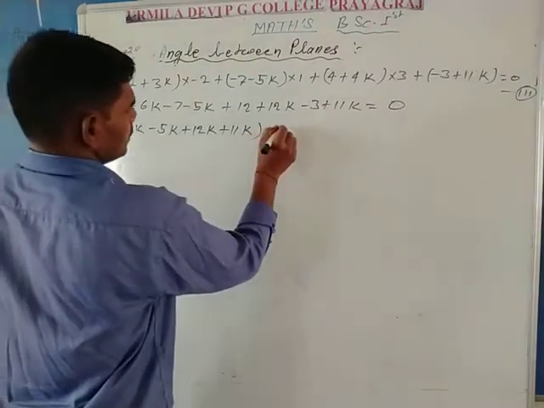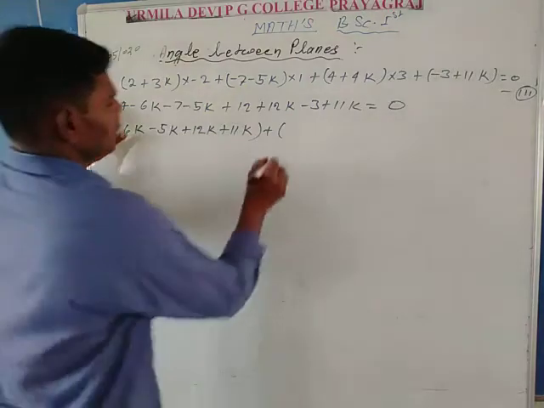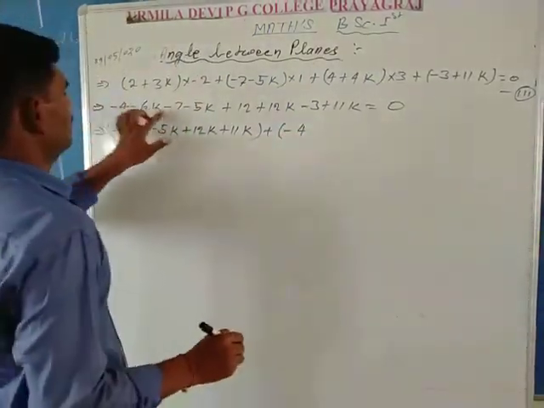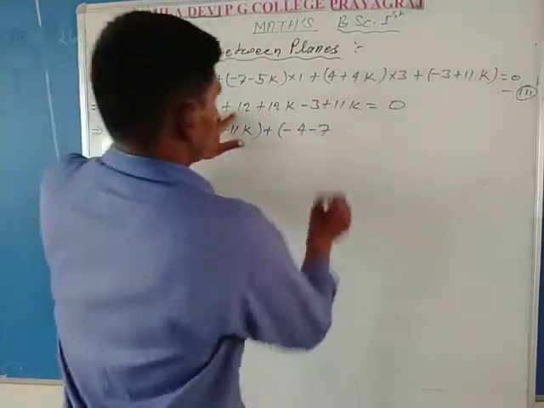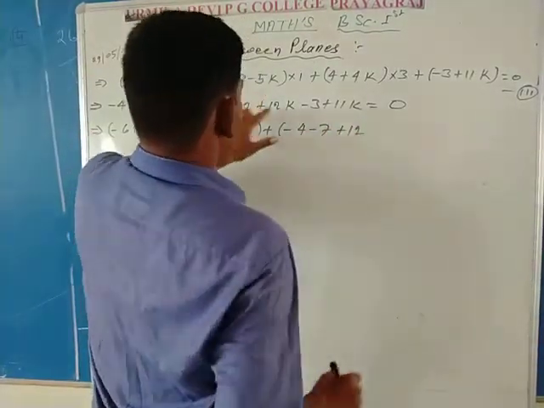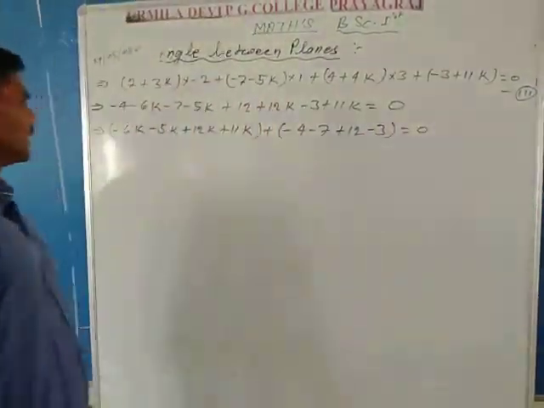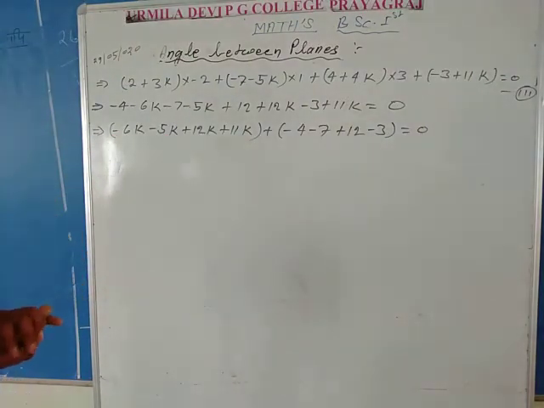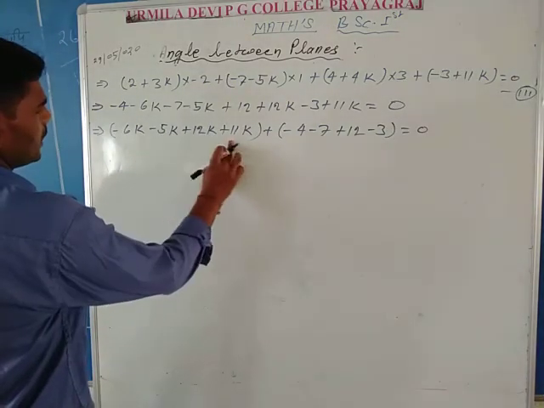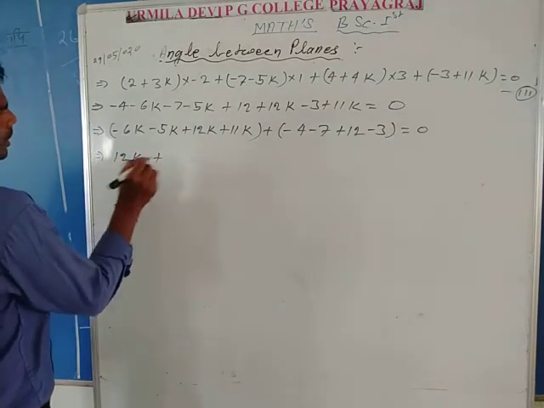Plus, in the second bracket, take all the numerical values: -4 - 7 + 12 - 3 is equal to 0. Here -6k - 5k is equal to -11k, so -11k plus 11k cancel each other and 12k remains in the first bracket.